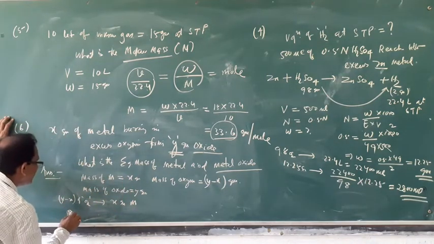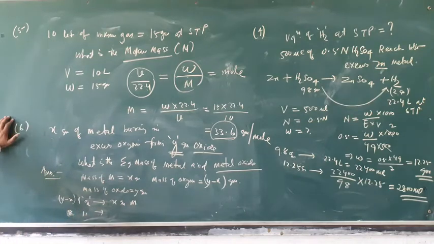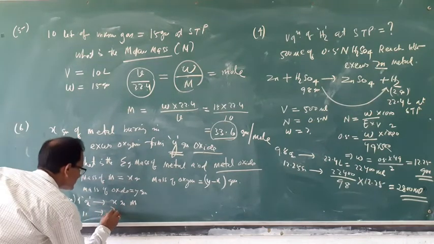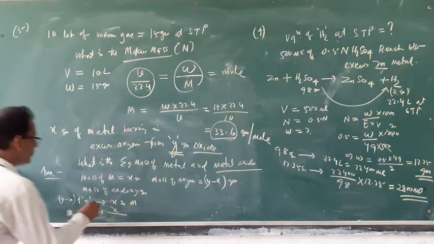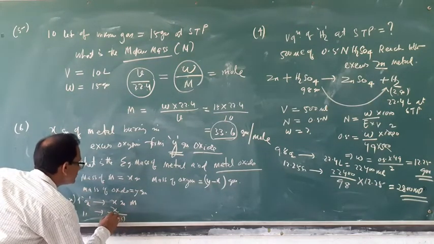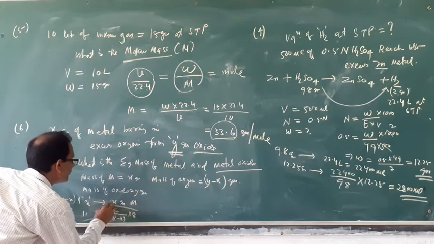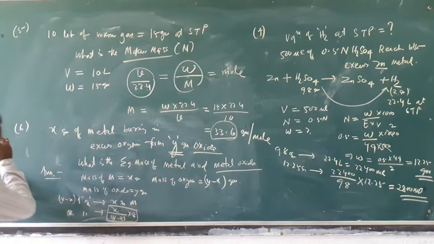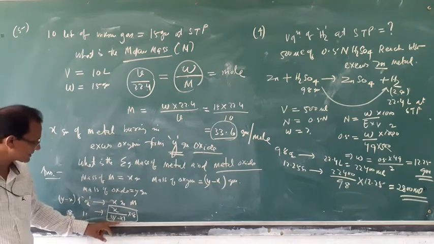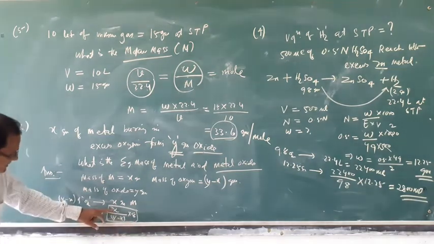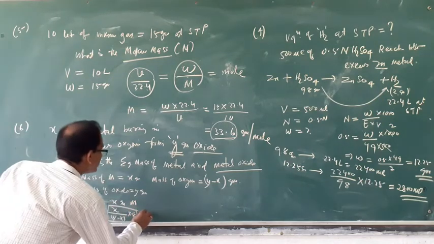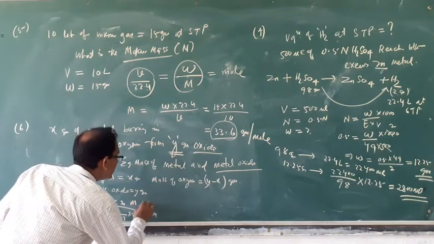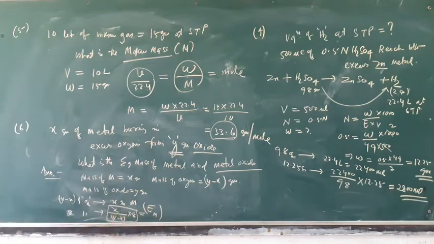So 8 gram will be how much? As per the formula, X by Y minus X into 8. So this is X by Y minus X into 8, the equivalent mass of the metal. EM means equivalent mass of metal.